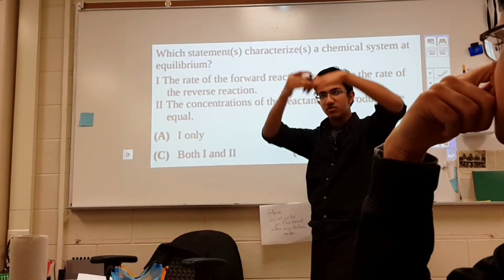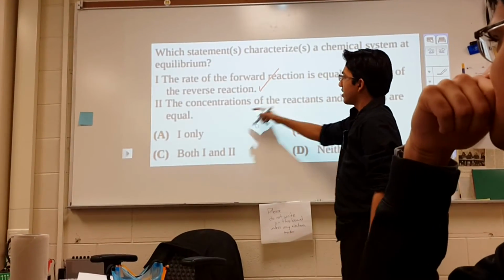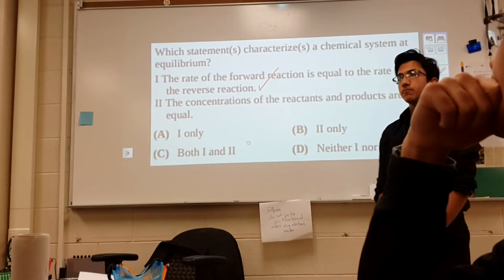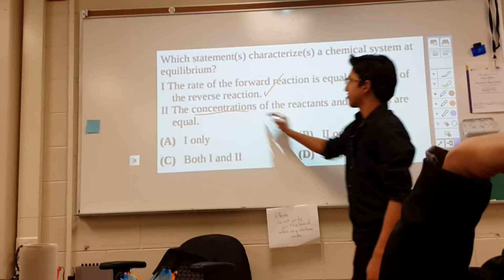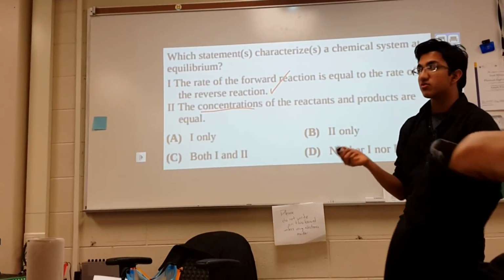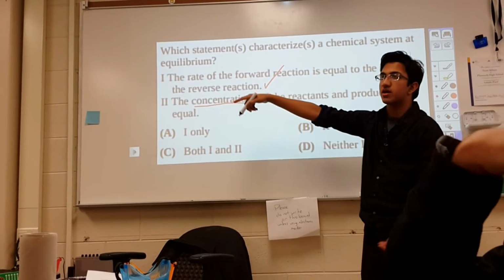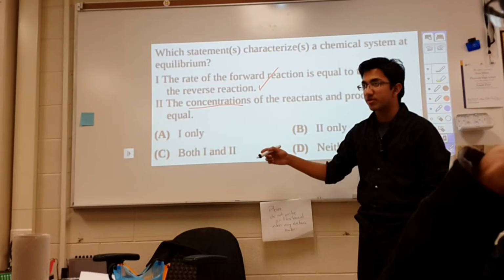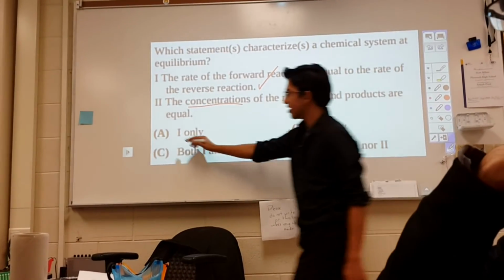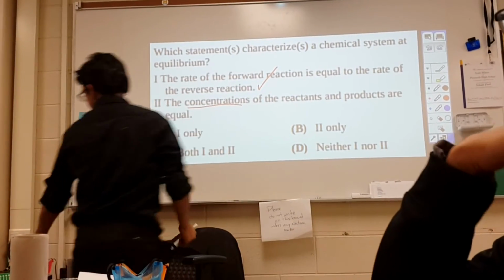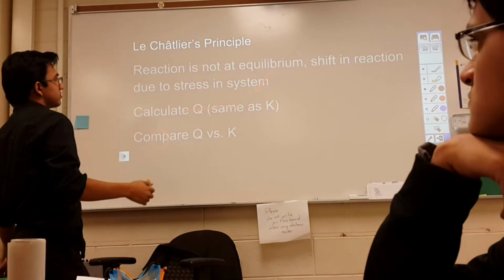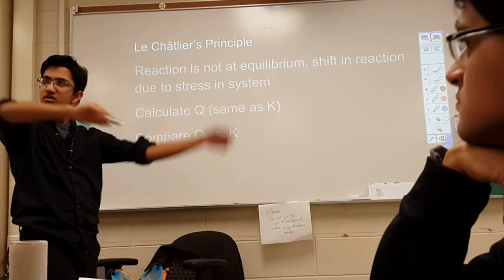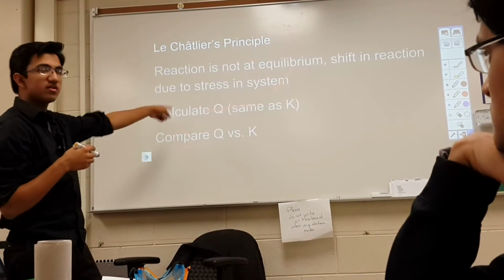Forward, reverse, equilibrium. Why is this not true? It says concentration. The concentrations don't have to be equal, right? We just saw that in our last problem. The concentrations are totally different. But it's still at equilibrium, because the rates are equal. So A, 1 only.